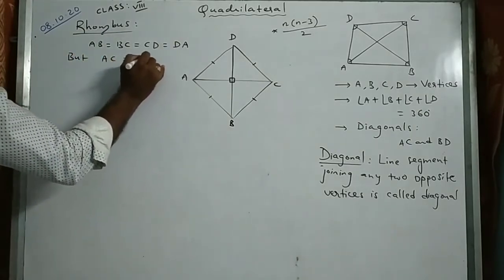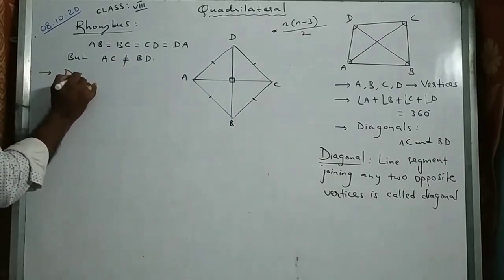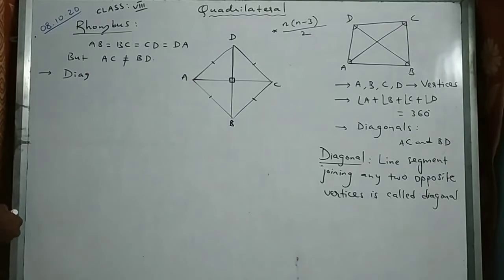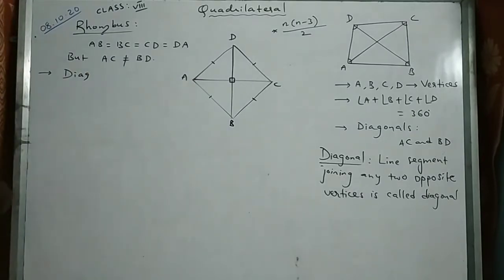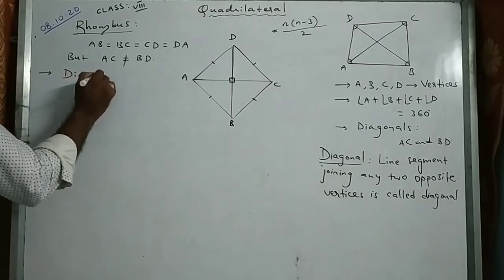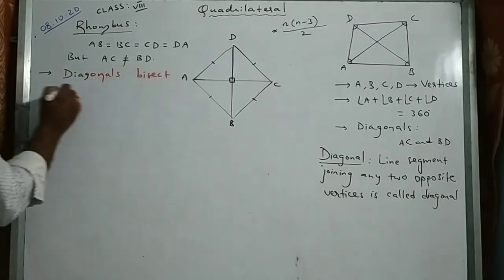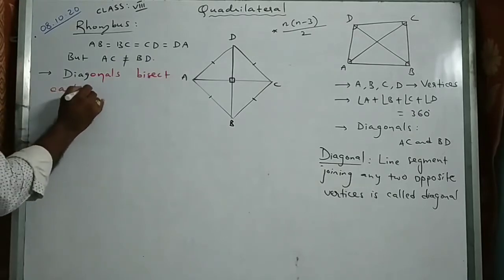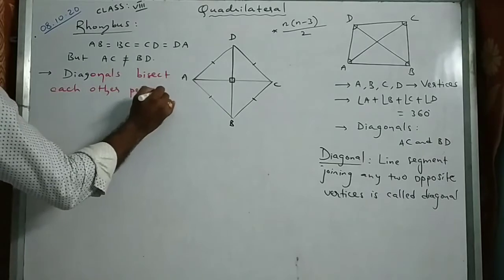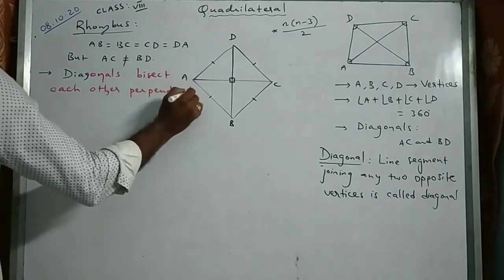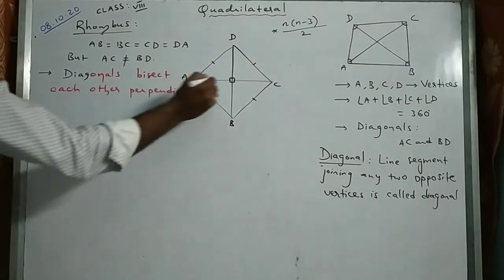AC is not equal to BD, and diagonals bisect each other perpendicularly.